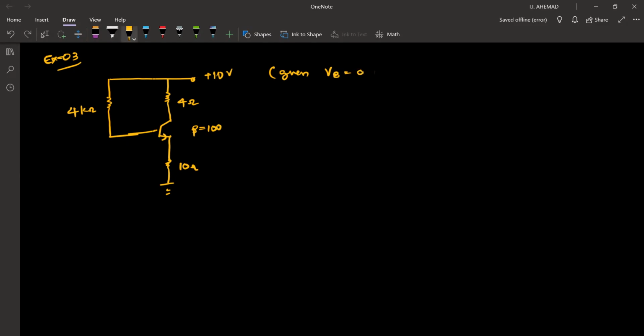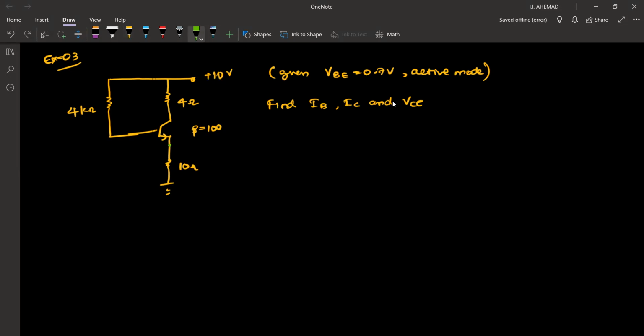VBE is 0.7 volt, active mode. Now we have to find IB, IC, and VCE. But this time we have a resistor over here.